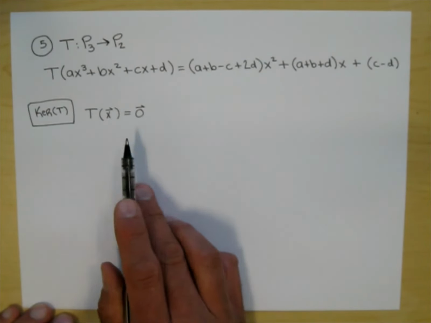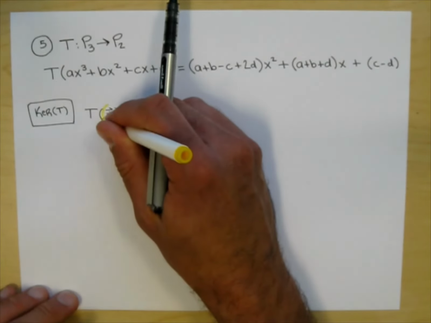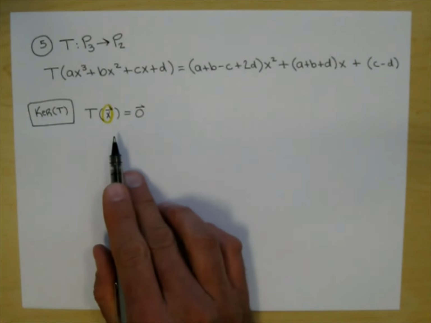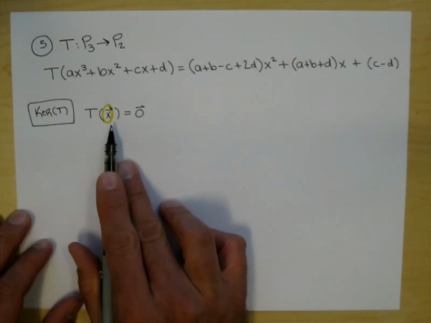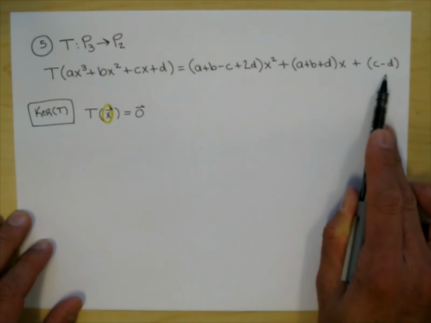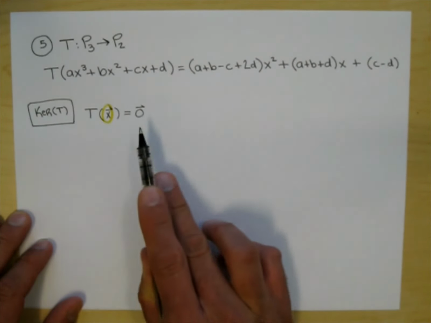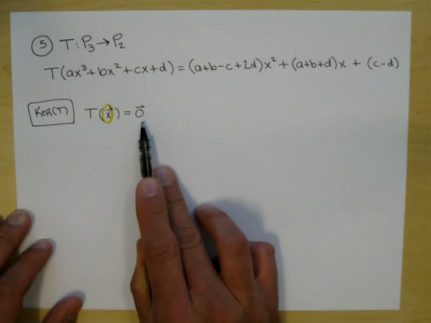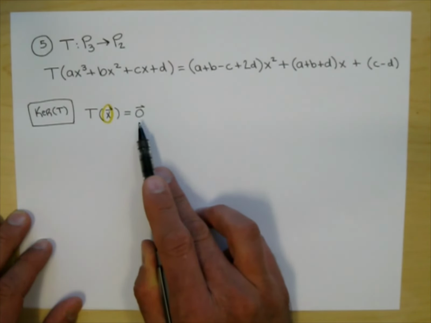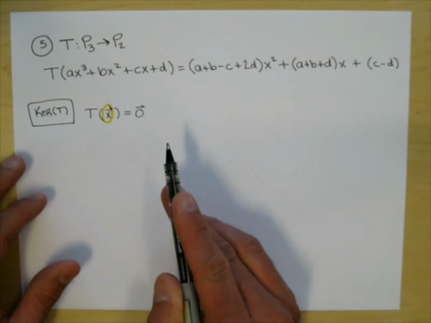So we're back to this, where I circle this and say, well, there's the kernel. What is T of x? It is this thing right here. So I'm going to set this thing equal to the 0 vector of P2. And what is the 0 vector of P2? It's the polynomial y equals 0, or just 0. So that's what I'm going to do.